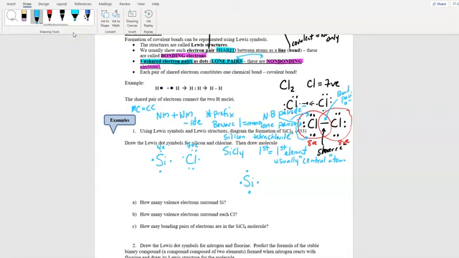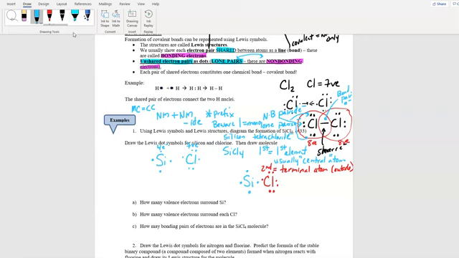Now, the outside, number 2, we add what's called the terminal atoms. Now, terminal just means the outside atoms. So basically not the center atom. So I'm going to put a chlorine over here. And remember, every chlorine has 7 valence electrons. Okay?